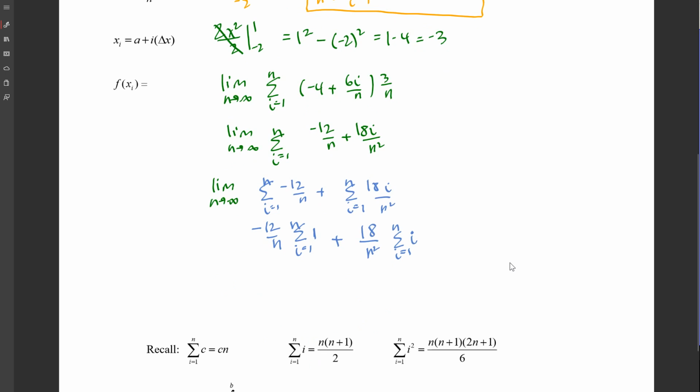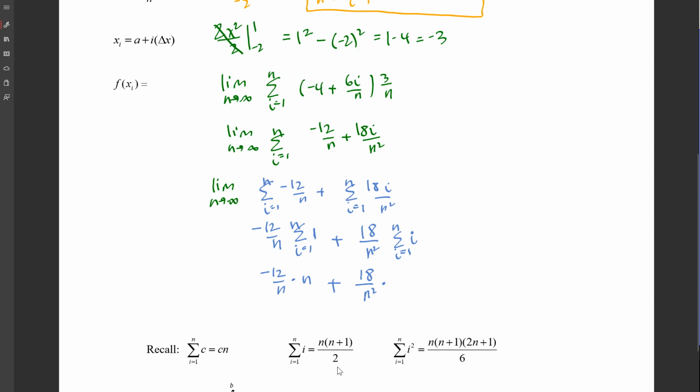Now, it turns out that the summation of 1 plus 1 plus 1 plus 1, n times, is n. So this will be -12 over n times n plus 18 over n squared times, well, it turns out the summation of this right here is this formula right here, okay?